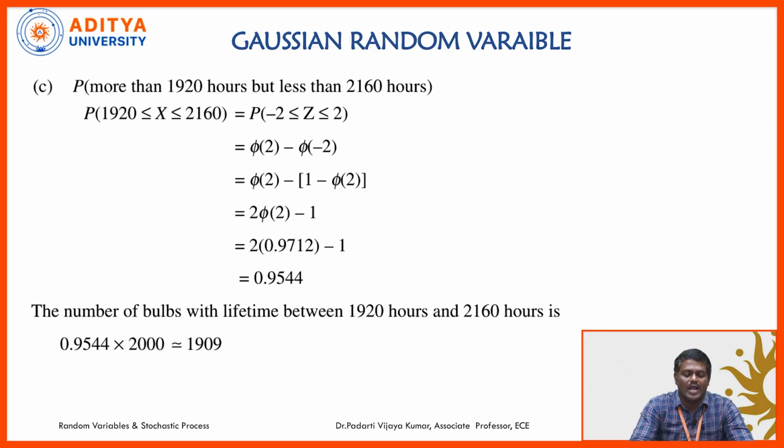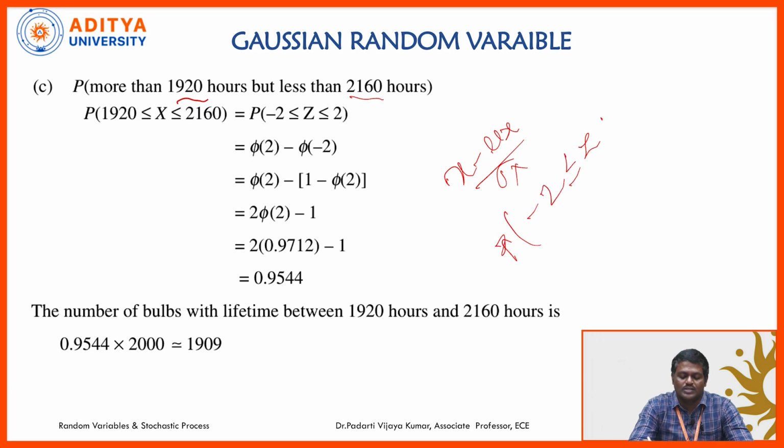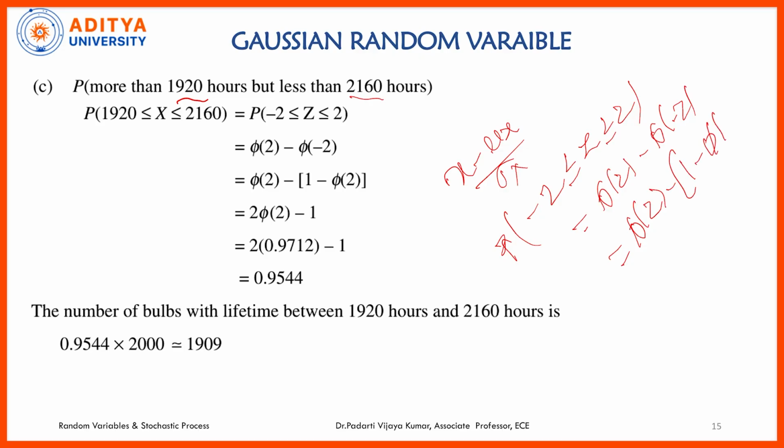Similarly, if the time lies between 1920 and 2160, what is the probability? Again, we need to calculate x minus mu x by sigma x. Calculating that, we get the range minus 2 less than z less than 2. That means phi of 2 minus phi of minus 2. We know that phi of minus 2 is equal to 1 minus phi of 2.